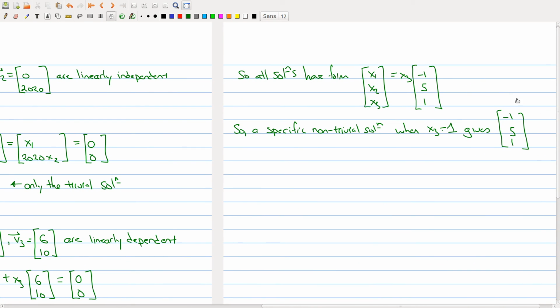We know there's going to be an infinite number of solutions because it has a free variable in our system, and I gave you a specific solution right here. So these vectors are definitely linearly dependent.